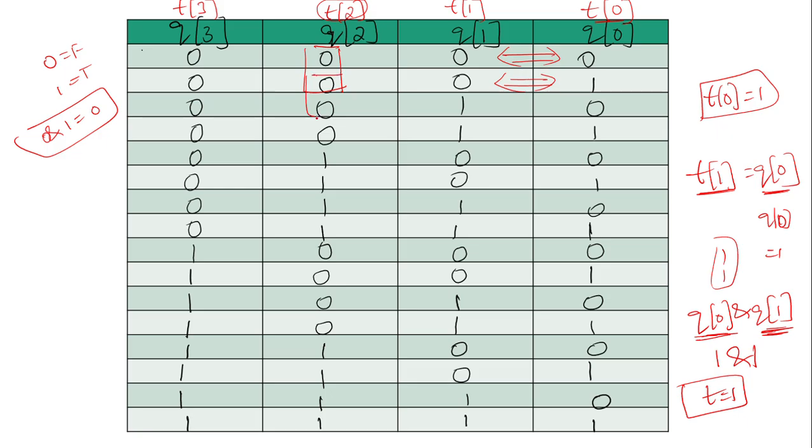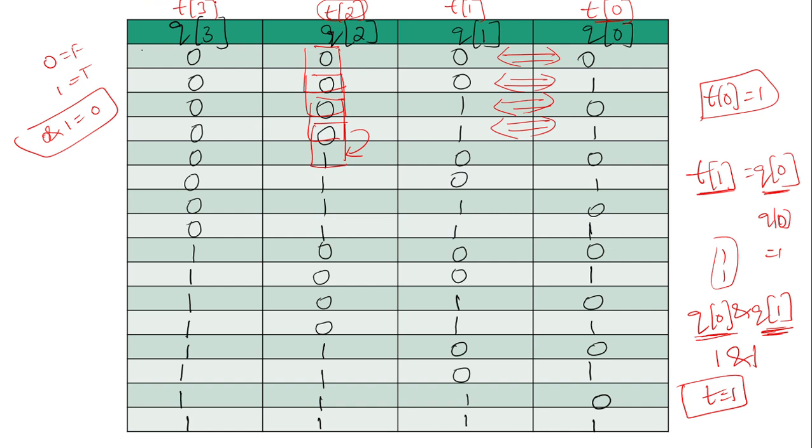Then also there is 0 0 only, so here you can observe there is also no toggle. Here there is a 1 1, so both conditions are true. Then there is a toggle, which means we are going to get the opposite value. So here the 0 will be converted to 1. Like that, whenever the two outputs Q of 0 and Q of 1 are both ones, then only the third flip flop is going to toggle.